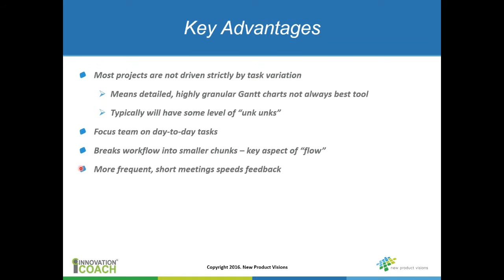So all of these things help break workflow into smaller chunks with faster feedback. You don't have to wait until the weekly project meeting to resolve an issue or rely on somebody bumping into one another in the hallway. This is really a great way to do that.